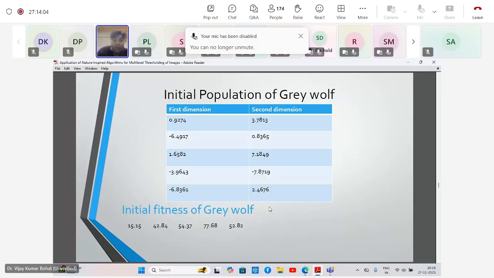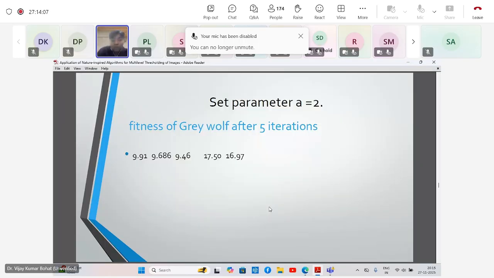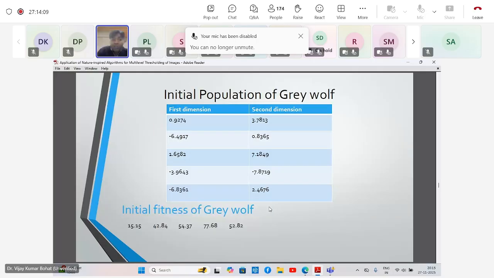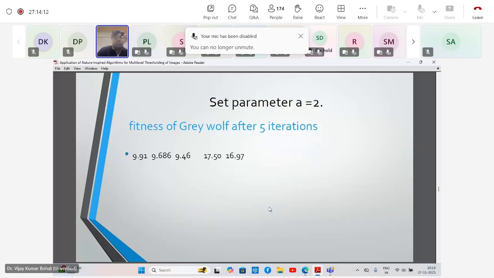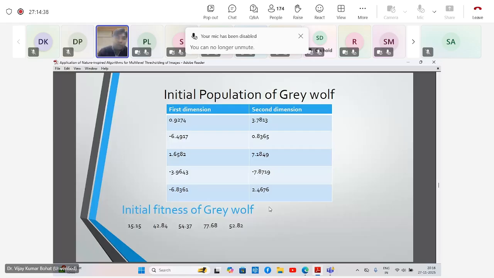And 77 becomes 17.50, and 52 becomes 16.97. So all the gray wolves, just after 5 iterations, are moving towards the optimal solution. The optimal solution is 0. We know that for x1 square plus x2 square, the minimum is at 0, 0. If we increase the iterations, then after some 100 or 200 iterations they will land on the solution 0, 0. So that's how the GWO algorithm works.